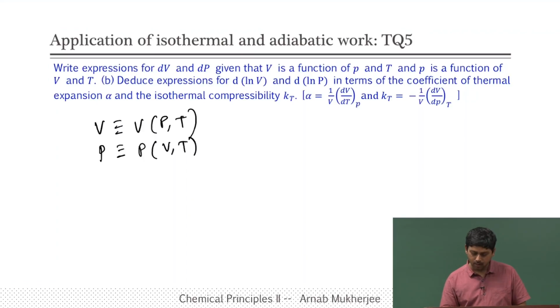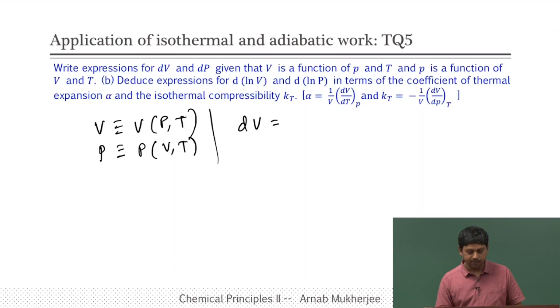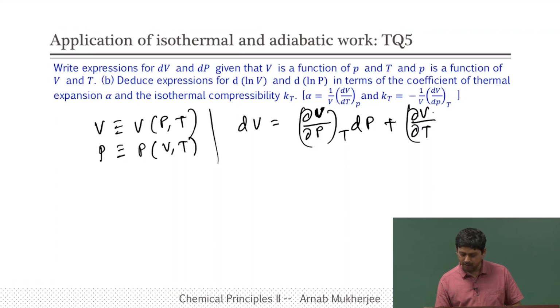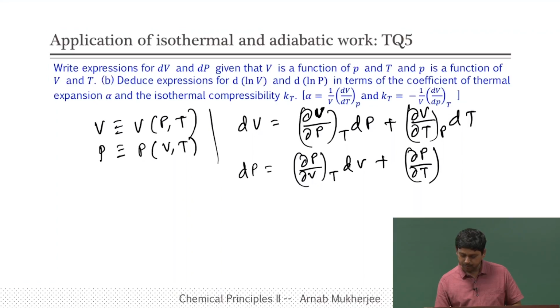That is very simple, right, because v is a function of p and t means we can write dv as del v by del p at t dp plus del v by del t at p dt, and similarly we can write p also the same way, dp equal to del p by del v at t dv plus del p by del t at v dt. We can write these two.